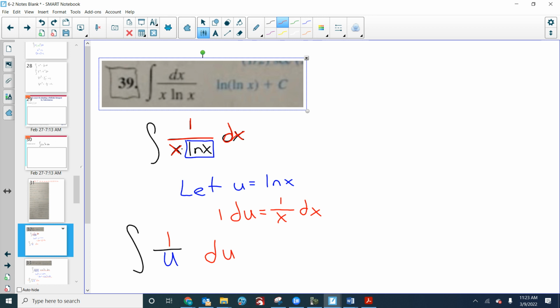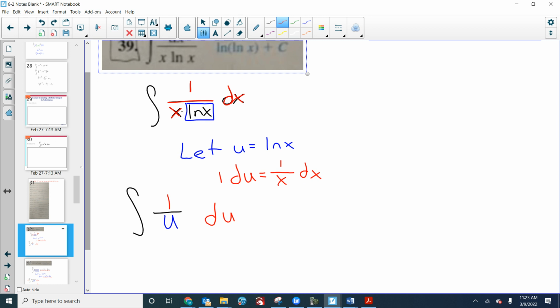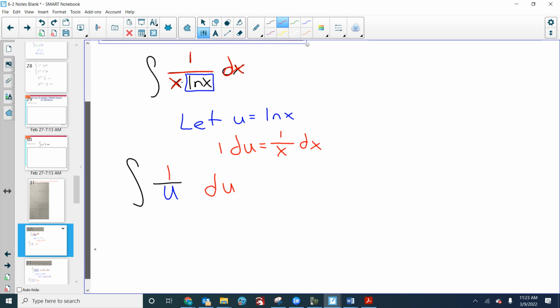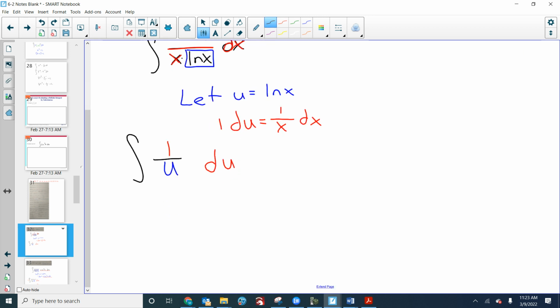And those details right there are probably what threw you off. It's like, where's u? Did you put it in the numerator by any chance? I did try that. Yeah, it's common. Don't feel bad. But do we all see how u is in the denominator, and there must be a placeholder of 1? We know this antiderivative: ln absolute value u plus a constant, and u equaled ln x.